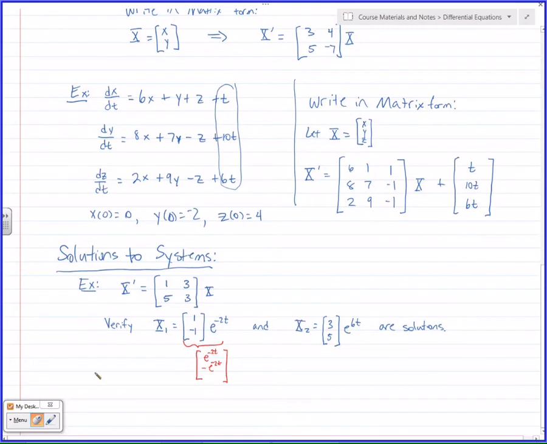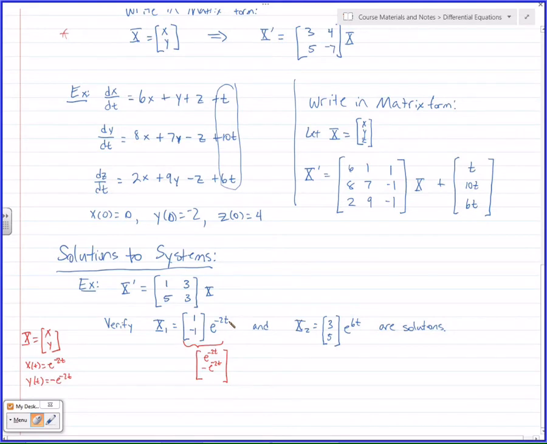So if X was like the vector x, y from my earlier example, then I'm thinking of this as x of t is e to the minus 2t and y of t is negative e to the minus 2t. Notice how writing it this way is just using vector notation to write down that I've got the solution to each dependent variable. But I can write it in this vector form.